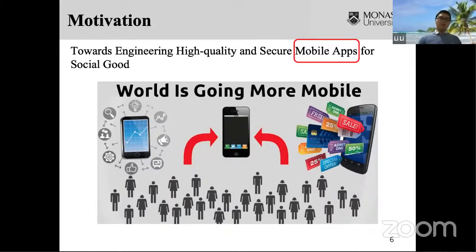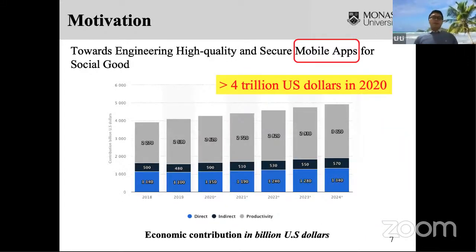I guess in the audience here, everyone probably has a smartphone. Also, the revenue of the mobile ecosystem has been continuously growing. As shown in this figure, in 2020 the revenue of the mobile ecosystem exceeded $4 trillion US dollars. So what does $4 trillion US dollars mean?